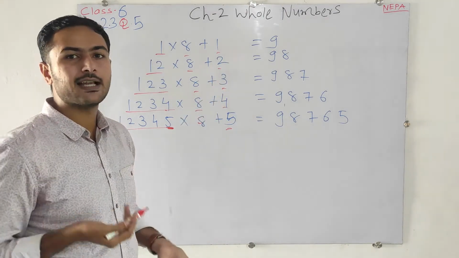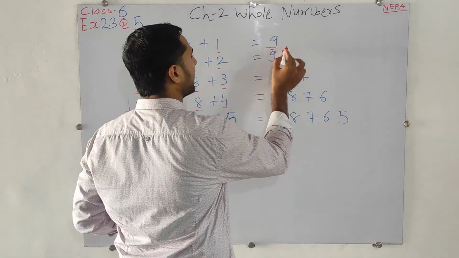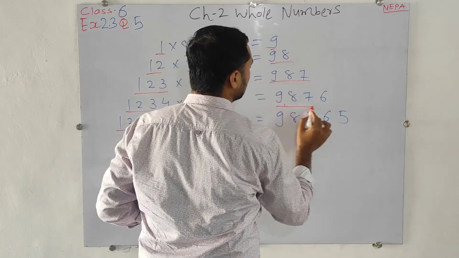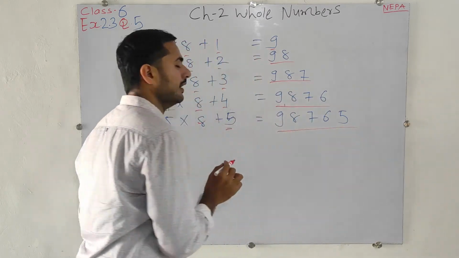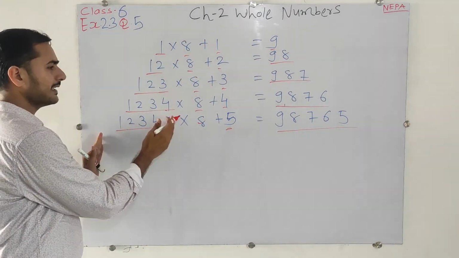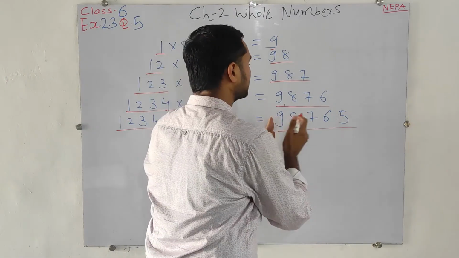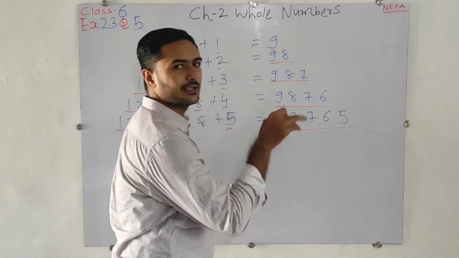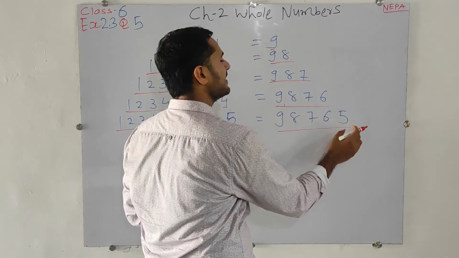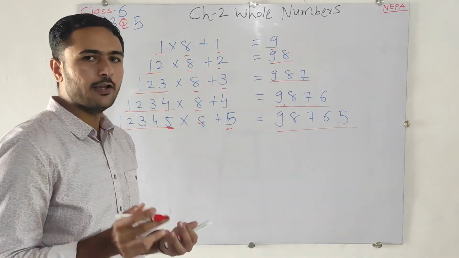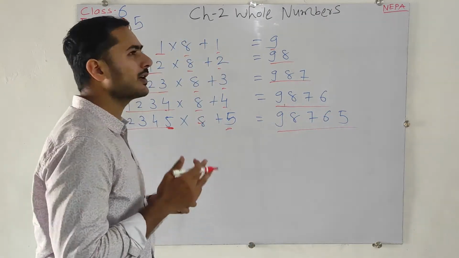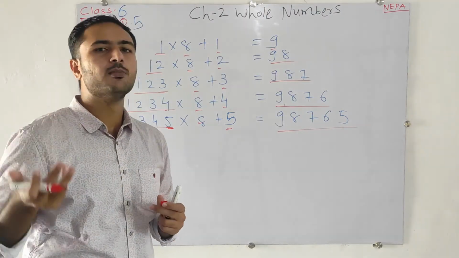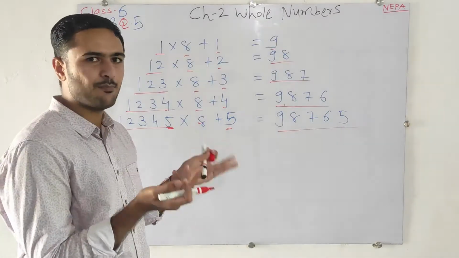Now on the right hand side, the answers: 9, 98, 987, 9876, 98765. Here the left side is increasing, but here we have to decrease, like 98765. So the next number will be 987654. If you understood the pattern, let's write 2 or 3 more steps for the same pattern.